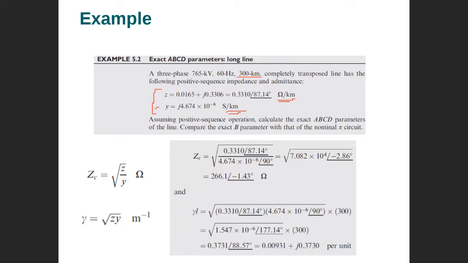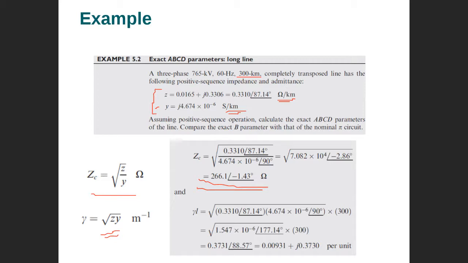Then you get the characteristic impedance and the propagation constant. You just multiply z and y.